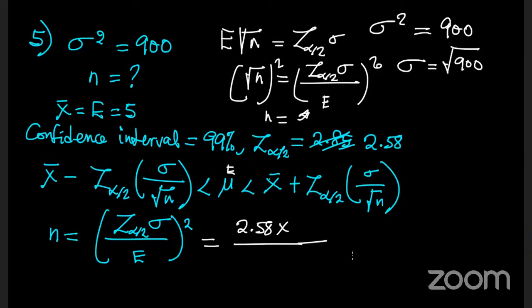So we have a standard deviation of 30 divided by, what's our E? E is here, 5. So what do we get?